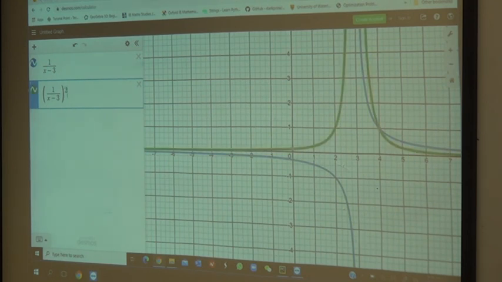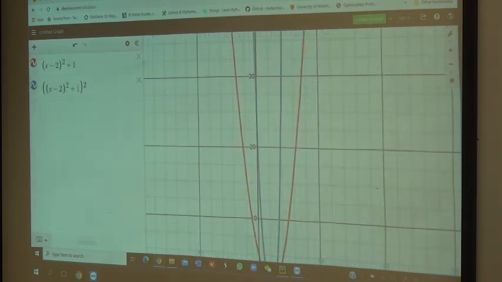And the asymptote will be x equals what? 3. Yes. And there's no y asymptote, it's just the x-axis, right? The horizontal asymptote.